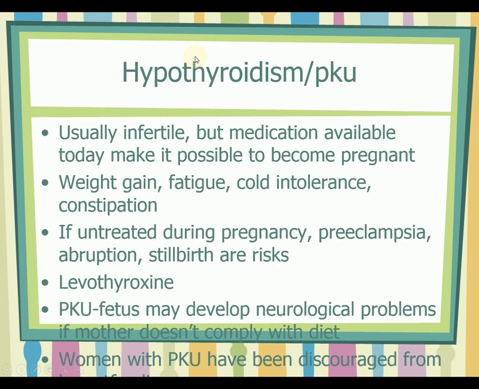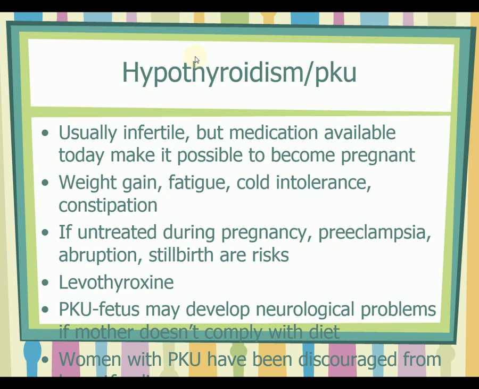Then we have the hypothyroidism and the PKU. Hypothyroidism, moms used to be infertile, but since we've had the advent of levothyroxine, women have been able to get pregnant. Usually these women will have quite a bit of weight gain.